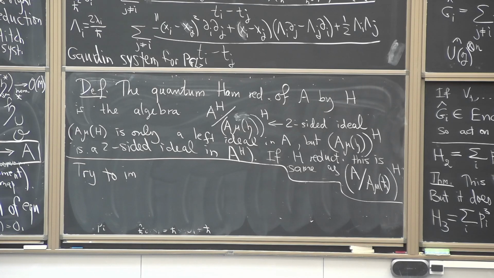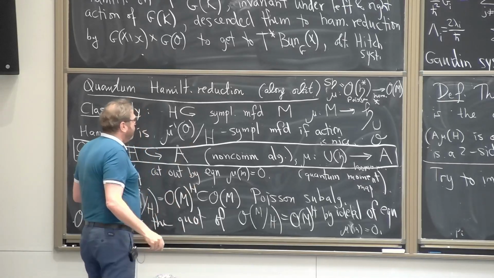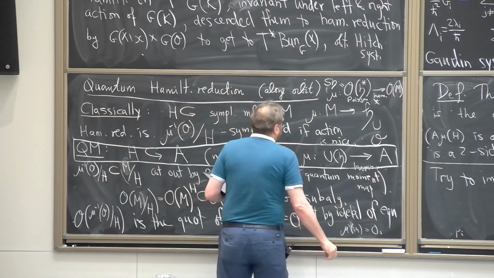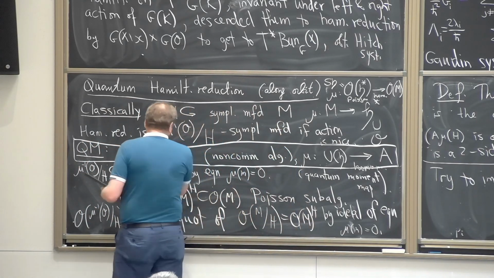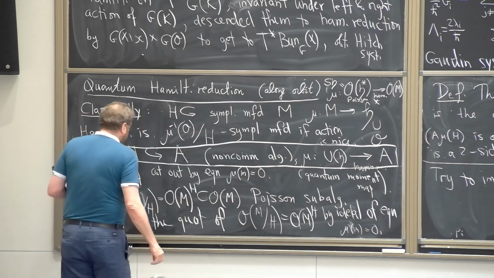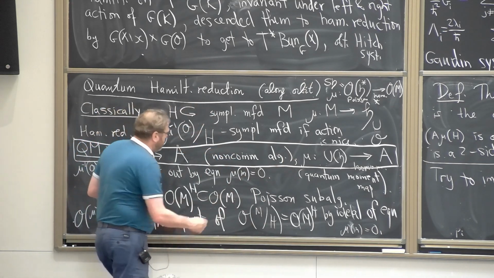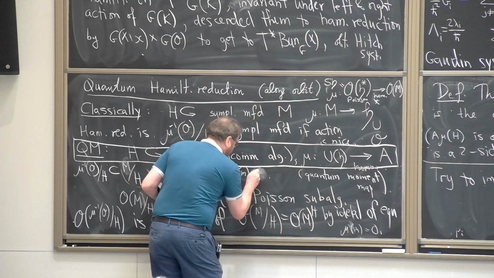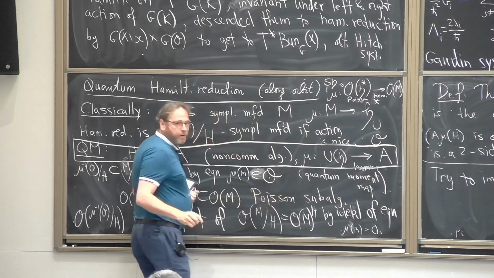So I need to go back and correct everything. So H acts on the symplectic manifold. This is mu inverse of O over H. And then we should have this and this. Now we wanted to quantize this, and it is cut out by the equation mu of M belongs to O.